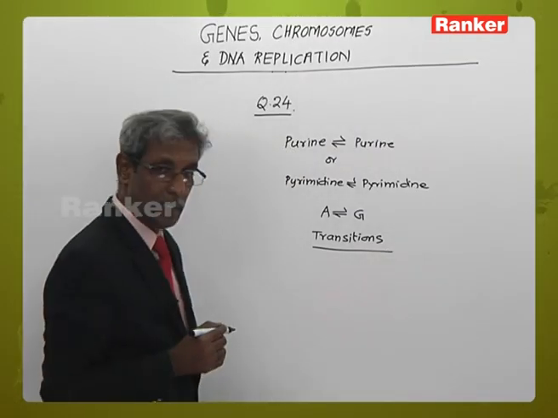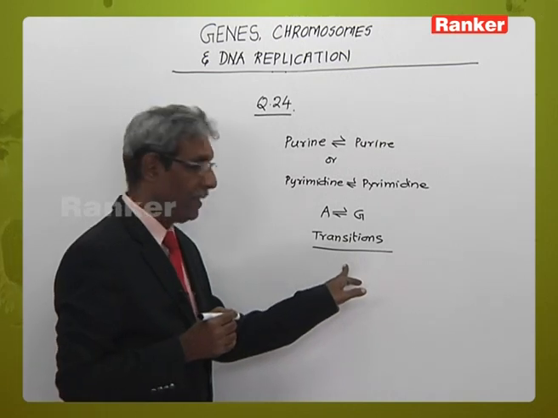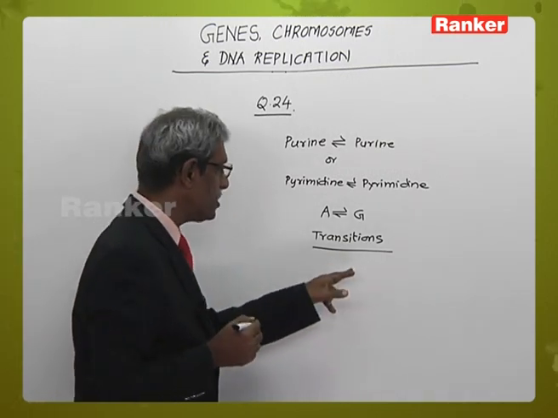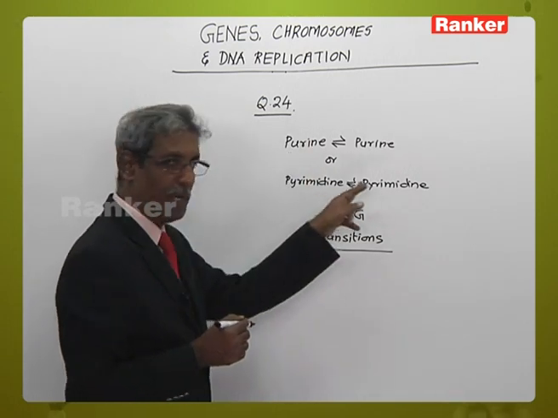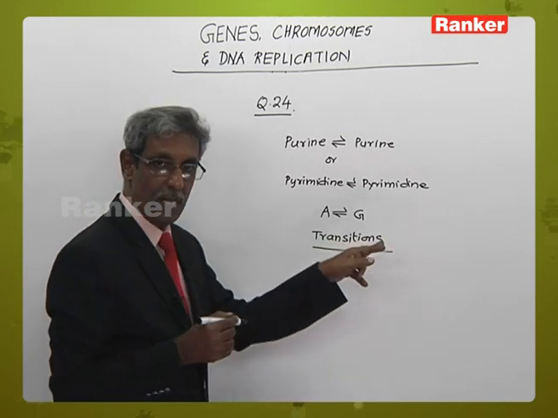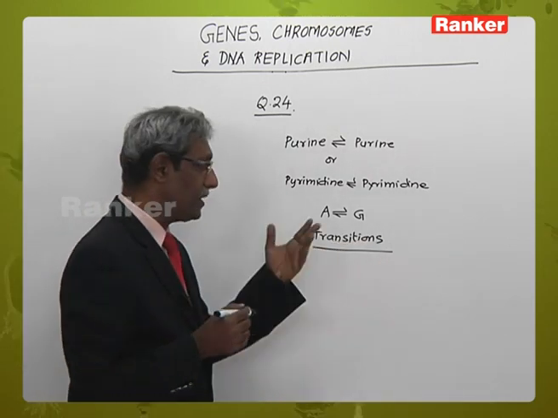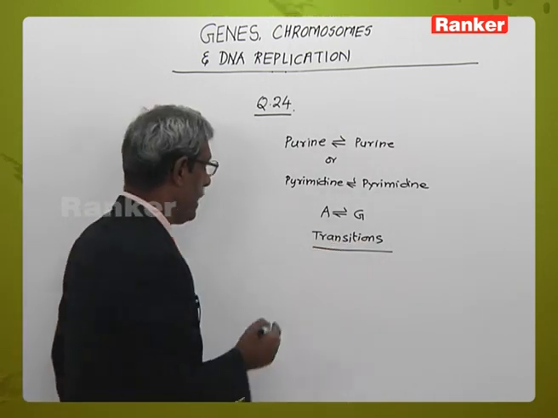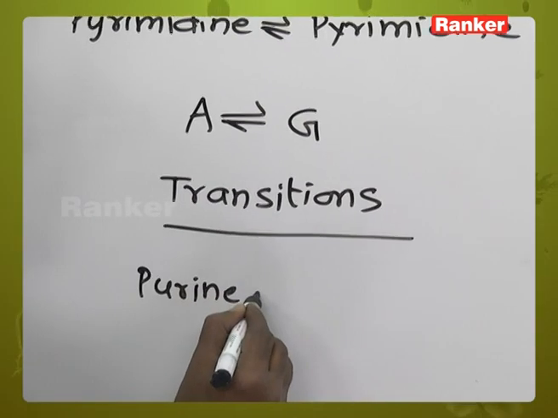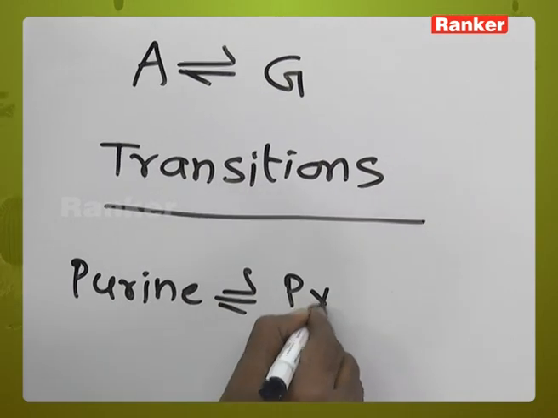So, transition type of change in the nitrogen bases is very common. So, transitions involve purine to purine or pyrimidine to pyrimidine. Hence, this process is termed as transitions. Whereas, when we take transversions, in transversions a purine can be substituted by a pyrimidine.